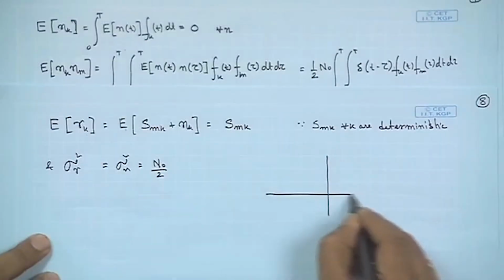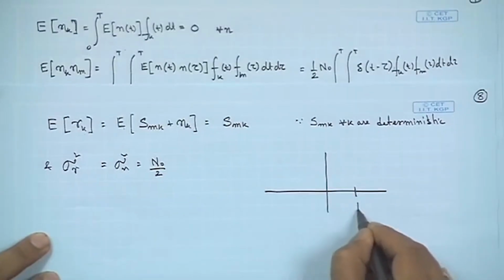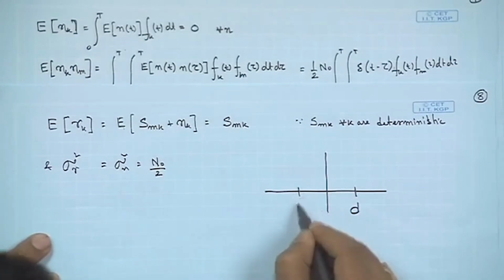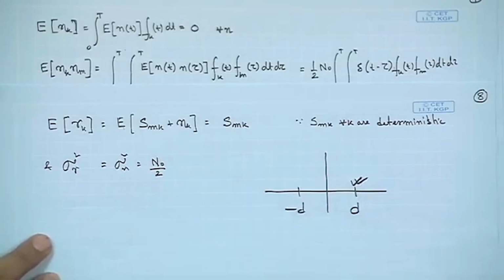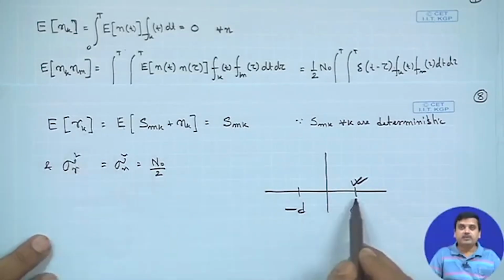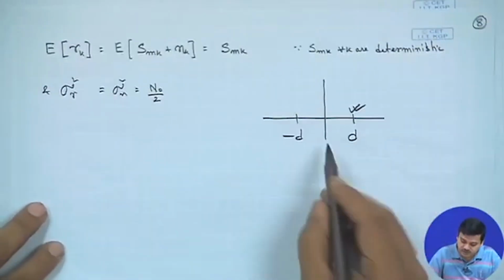So, suppose I have D and minus D, and suppose I have sent D. The expected value would be D even though it is corrupted by noise. Let us have a look at it.